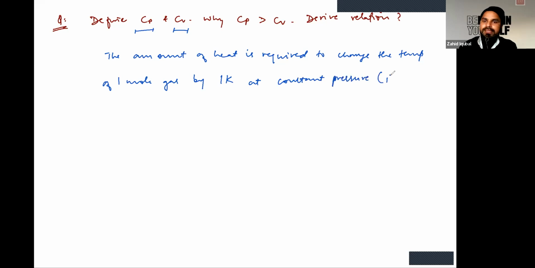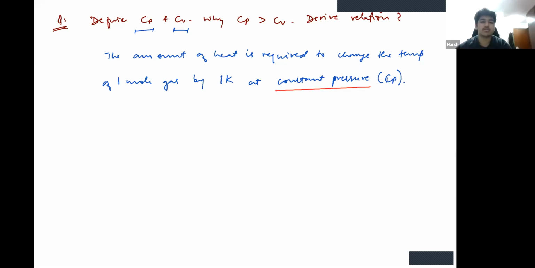So it will be Cp. And similarly, this entire thing done at constant volume will be Cv. Is it clear? Yes, sir.